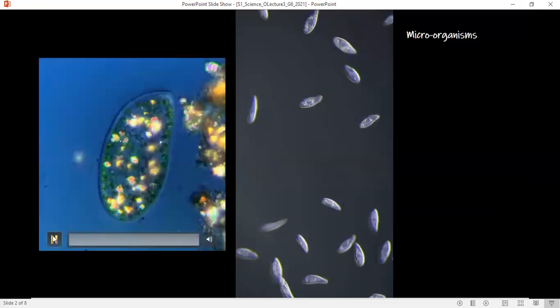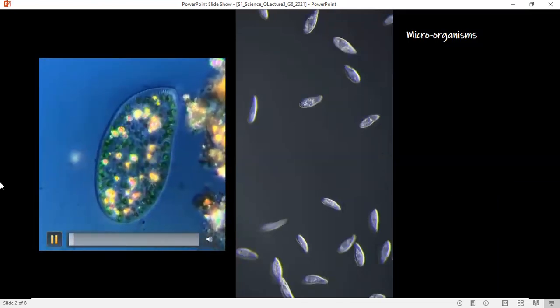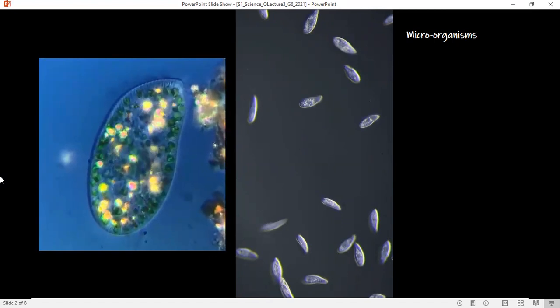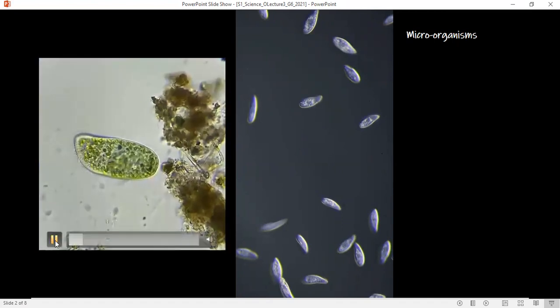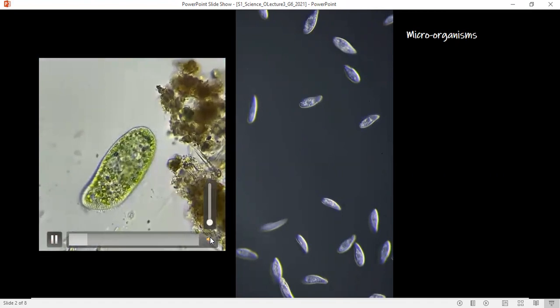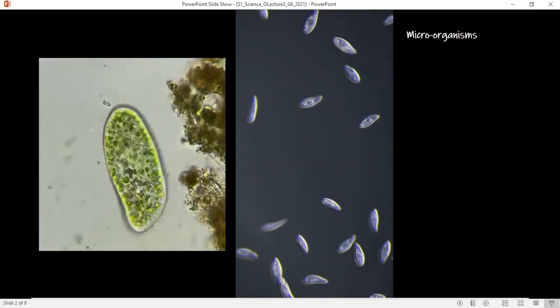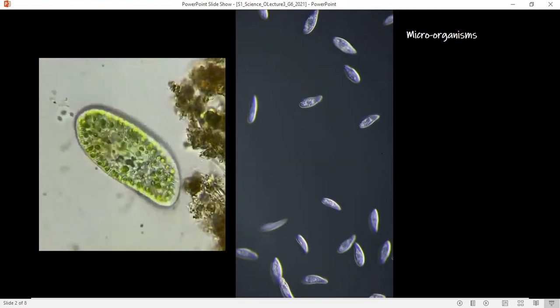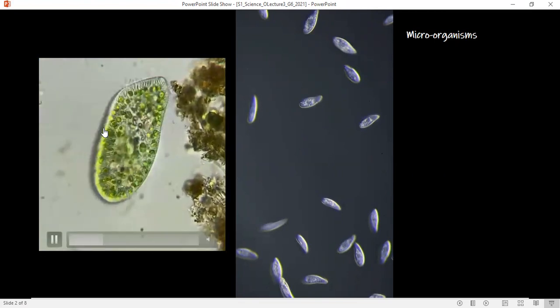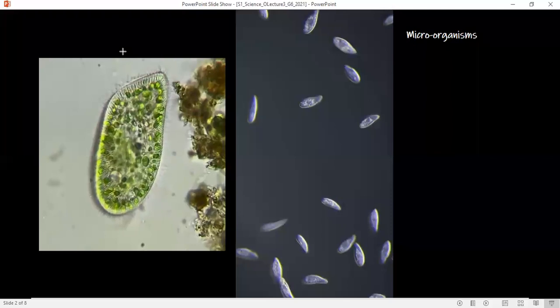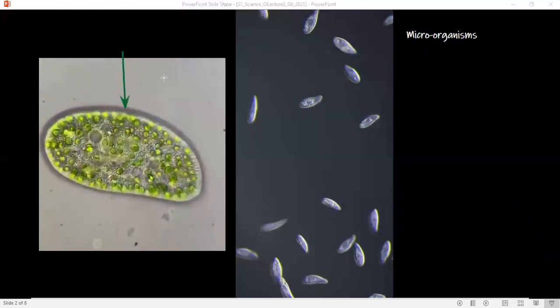Here we have this single-celled organism or unicellular organism called paramecium. And you can here see the cilia that help the paramecium move.